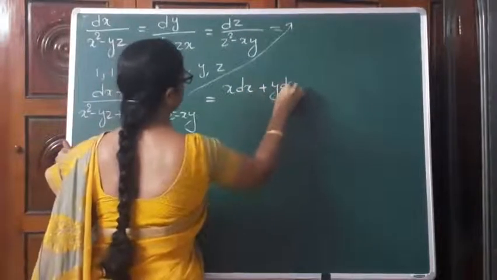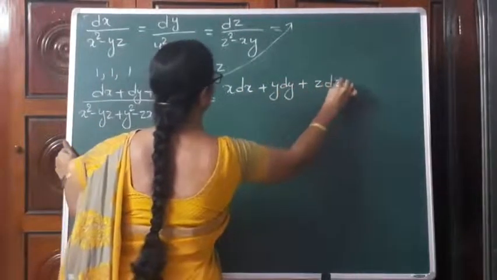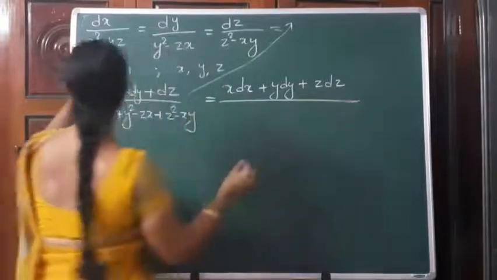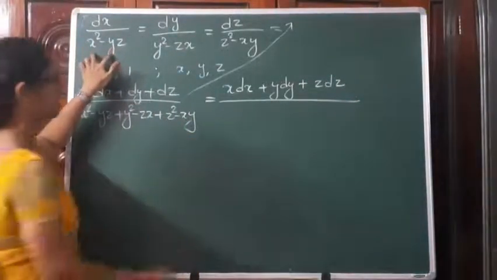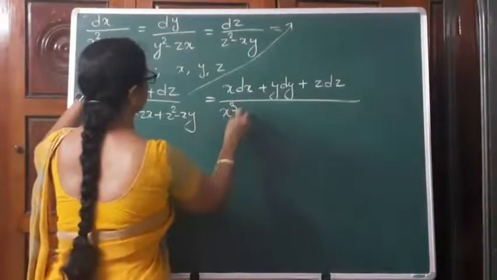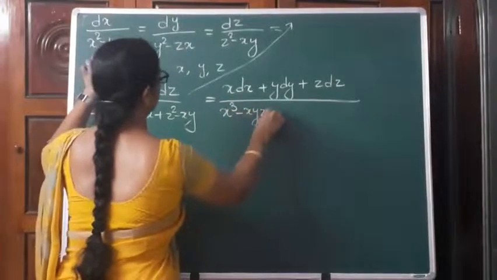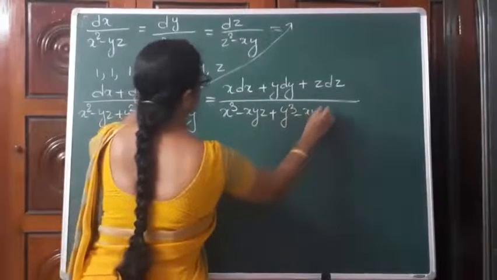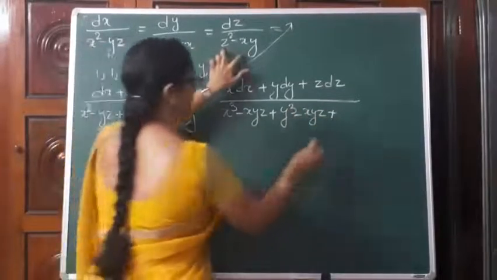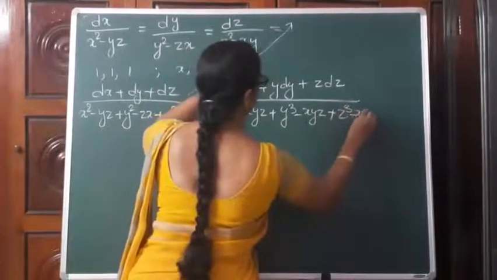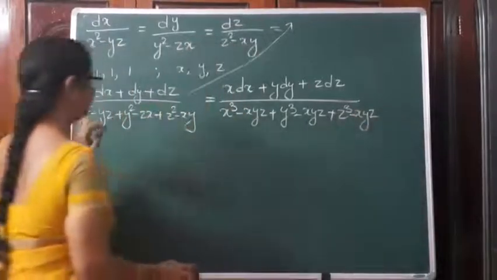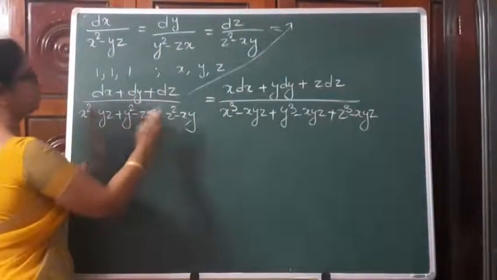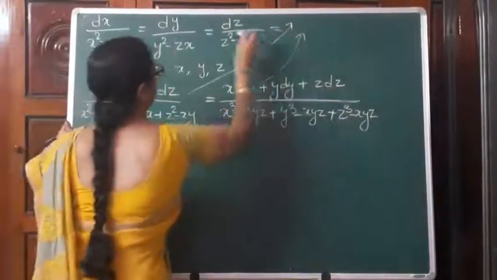x dx plus y dy plus z dz divided by x into this term, which gives x cube minus xyz, plus y into this term, which gives y cube minus xyz, plus z into this term, which gives z cube minus xyz. We are equating these two terms because both are equal to this ratio.